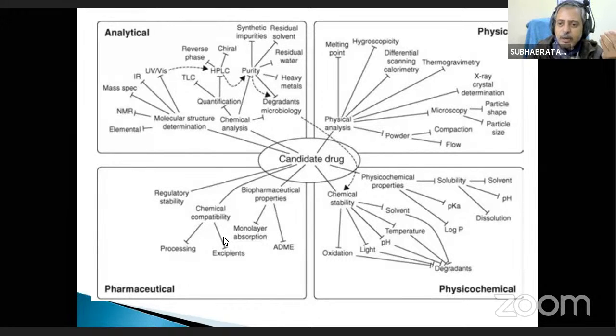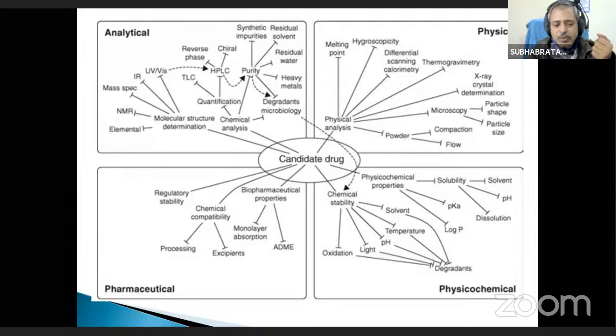The electronic tongue is there for quantification, as well as uniformity from batch to batch of the taste of the sample. Like that, a lot of different things may be required to be done depending on the particular drug.